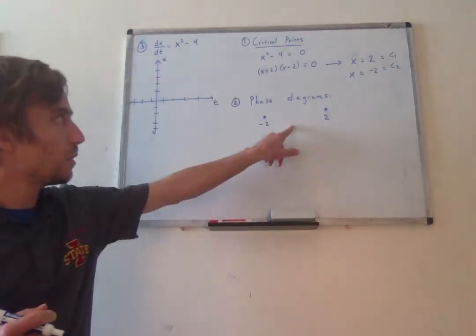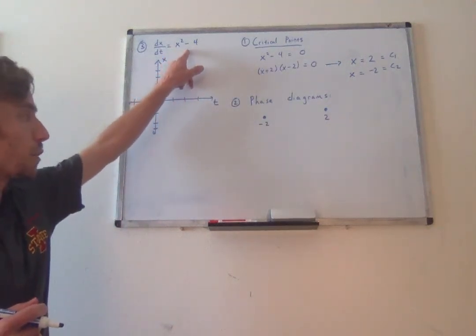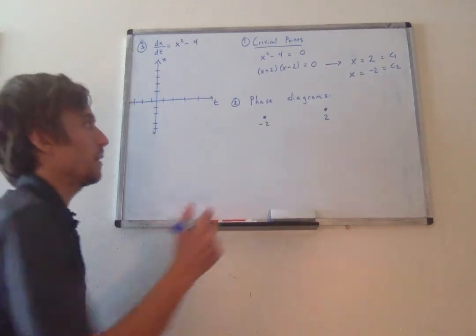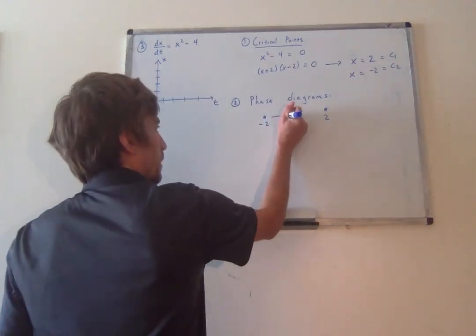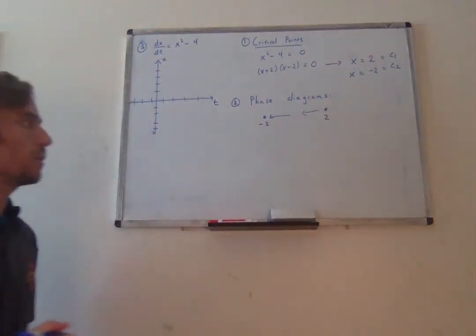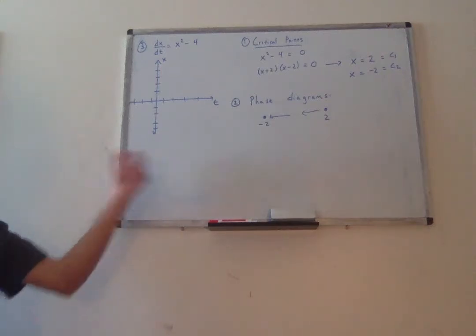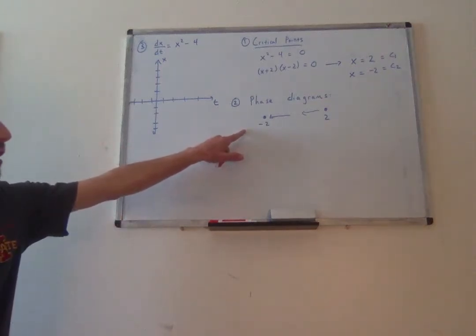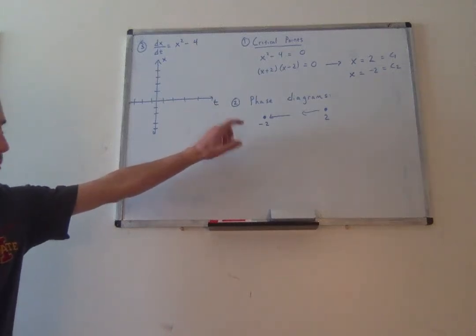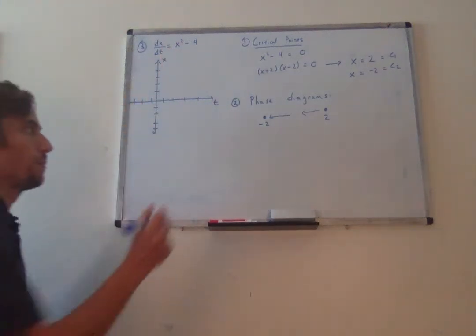So maybe first I'll plug in 0 here. So 0 squared minus 4 is negative, meaning here the function is tending in the negative direction. All right. On the left-hand side of negative 2, well, notice that anything bigger, I guess, like if I plugged in negative 3 squared is 9, minus 4 is 5.